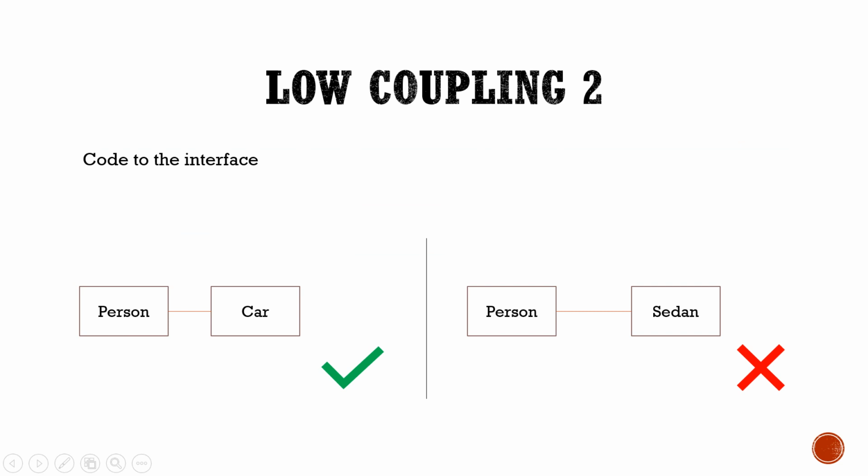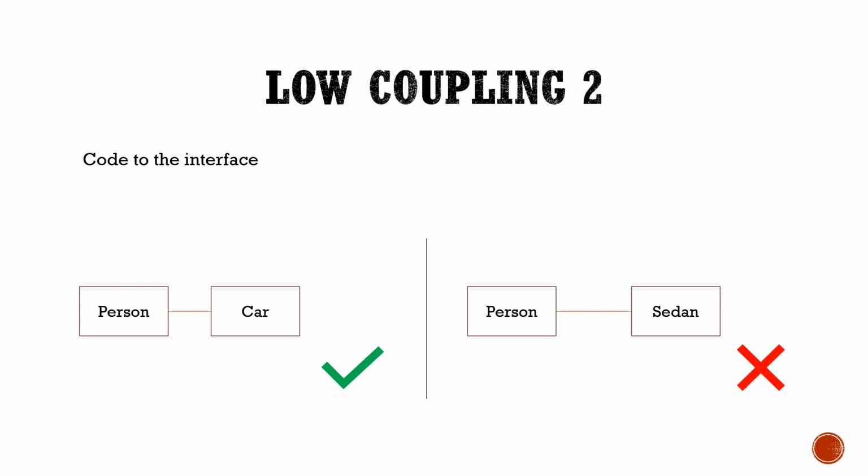Another way to achieve low coupling is to code to the interface or abstract class. The first one couples a person class to a car class, and the second one couples it to a more generic concept instead of a concrete implementation. I always prefer the more generic one, because it promotes low coupling and it's more flexible.